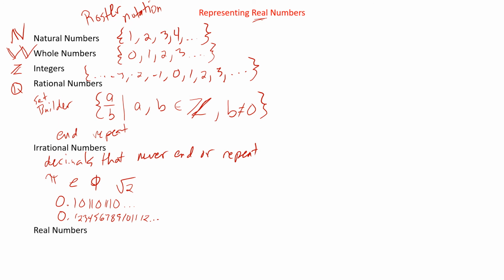Real numbers. Real numbers are all rational and irrational numbers. Change my color here really quick. Real numbers are all of those and all of those. Any number that can be written as a fraction or can't be written as a fraction. Well, what else is there? We know from Algebra 2 that you also can get into imaginary numbers, the square root of negative 1.